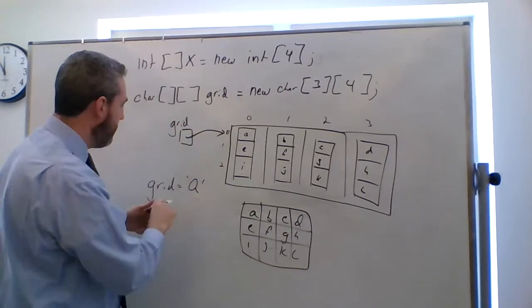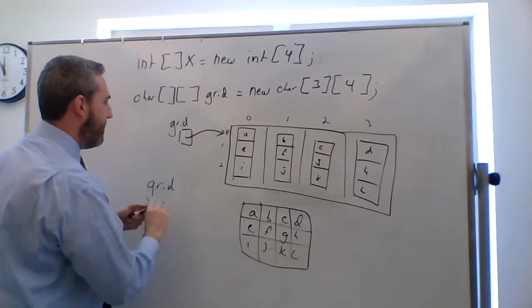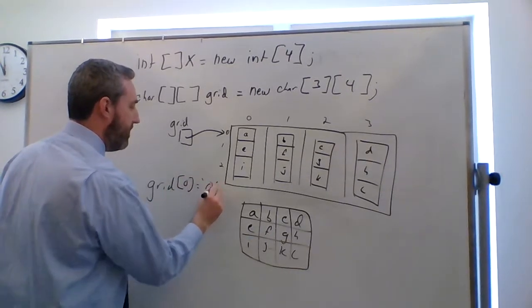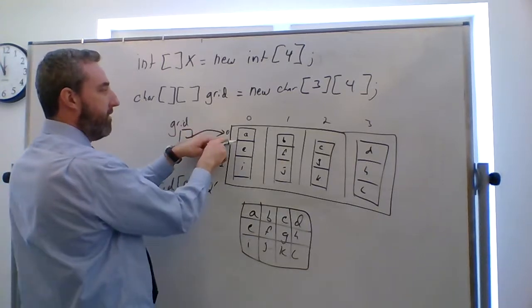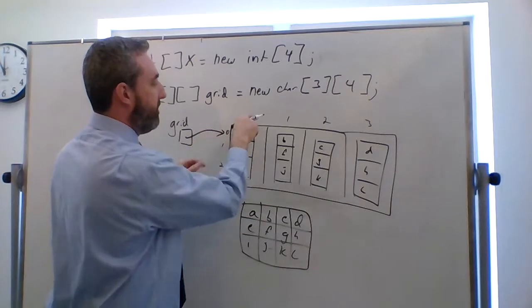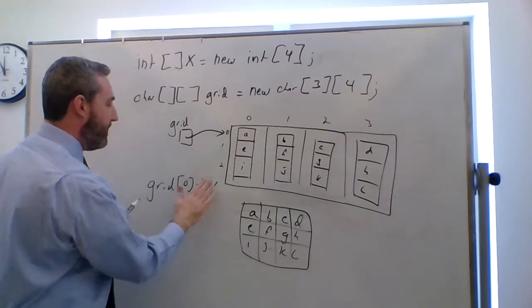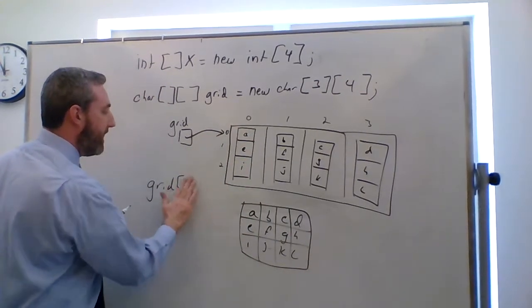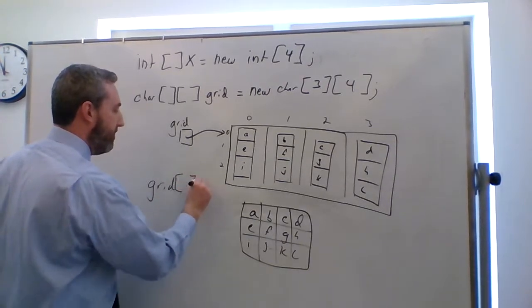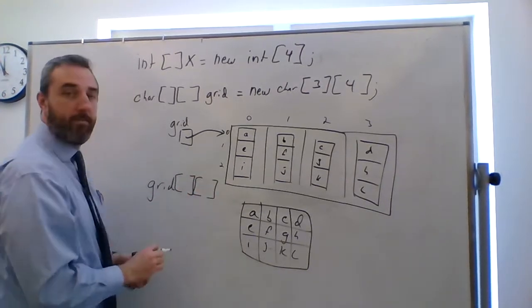It's not a character. But I also can't say grid 0 equals Q, because the 0th column is really a row, or the 0th row is really a column. So if I want to get to a particular place in the array, I now need to give it 2 coordinates, a row and a column.